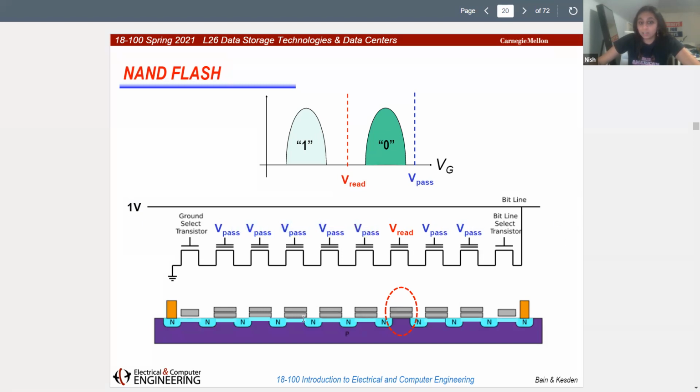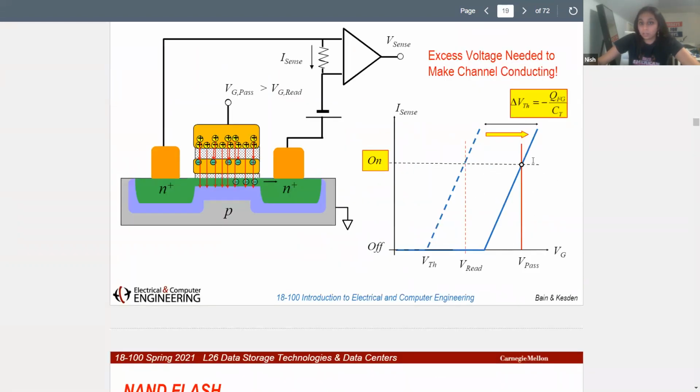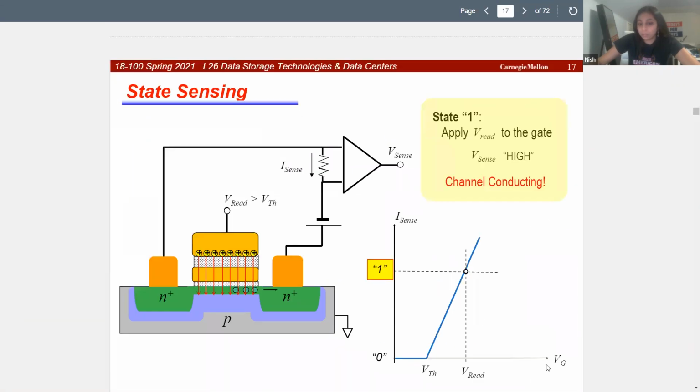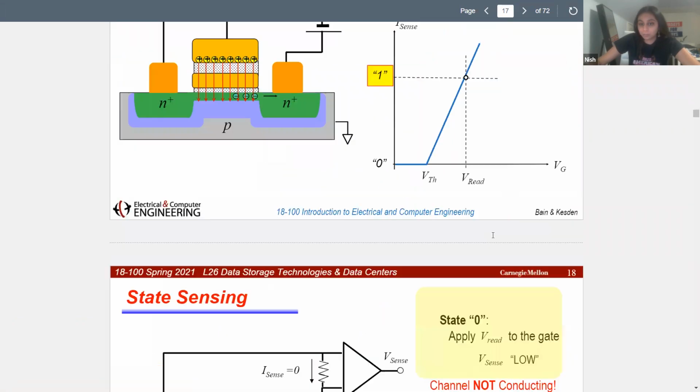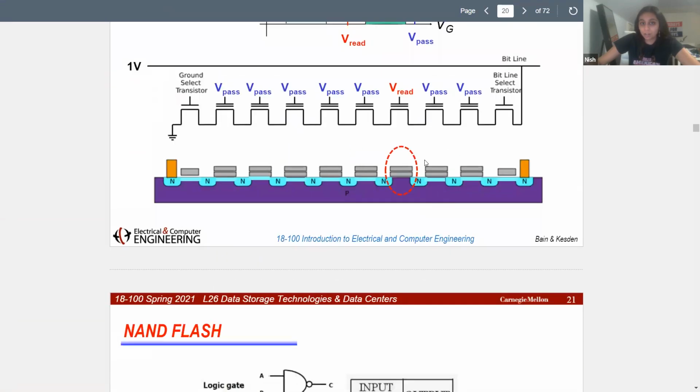We don't care whether these other cells are programmed or erased, whether they're ones or zeros. We're just going to make current flow through all of them, because that's what V pass does. No matter what, if it's programmed, it's going to have current flowing. And if it's not programmed, V pass is going to be over here, I hope you can see my mouse, and it's just going to have current flowing still.